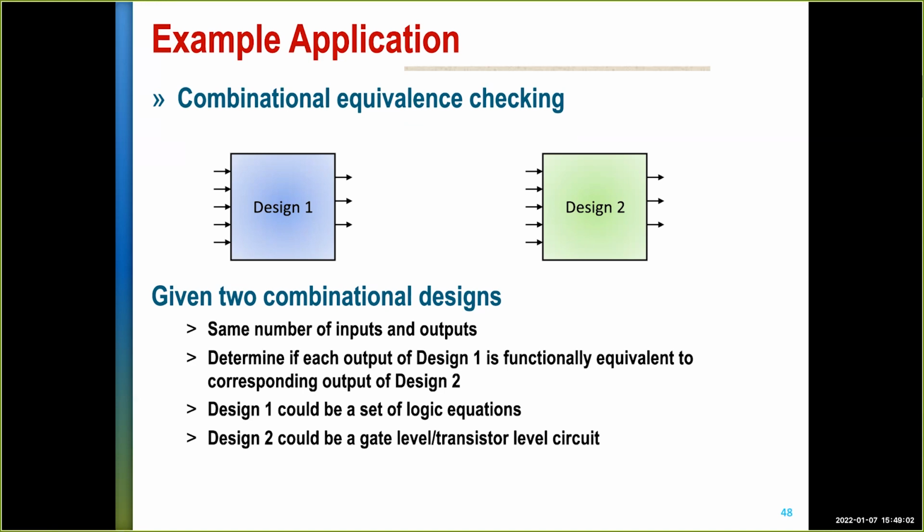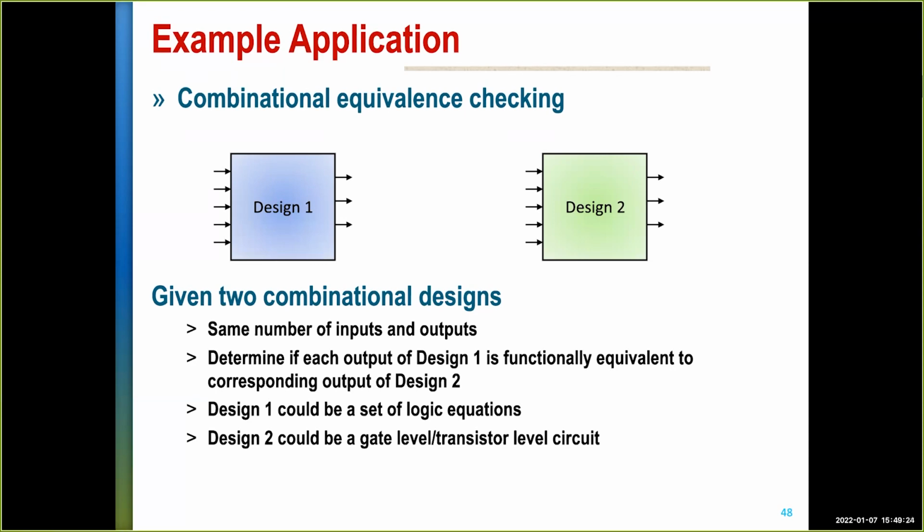So there are different kinds of transformations that a design can go through in the overall flow of a hardware design. And what we would like to make sure is that the functionality that we don't want to change is actually preserved as it goes from one stage to the other.